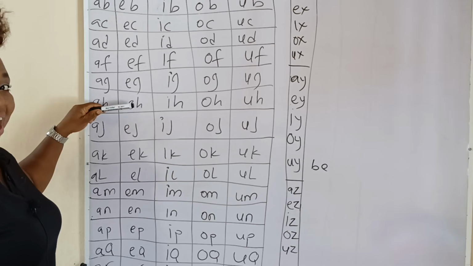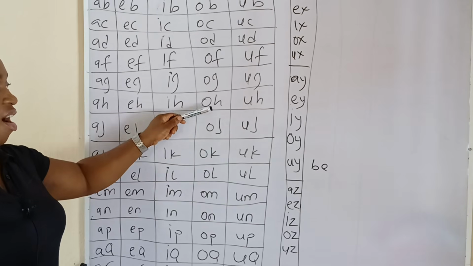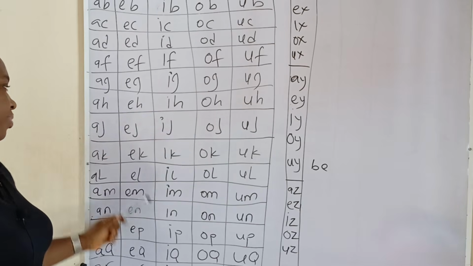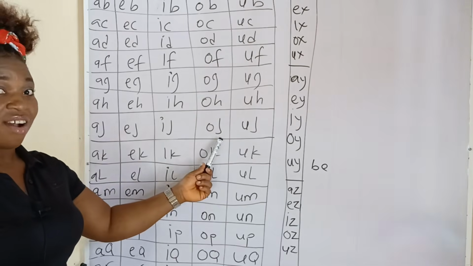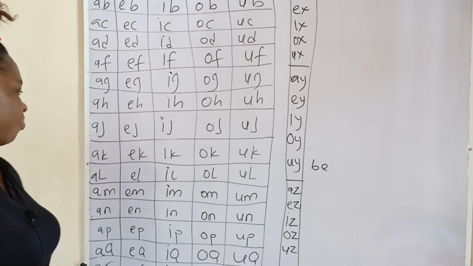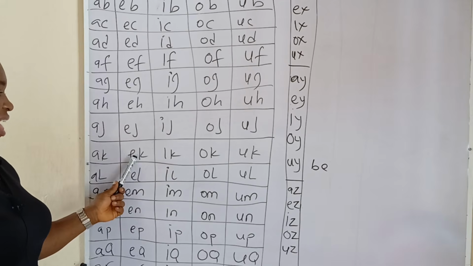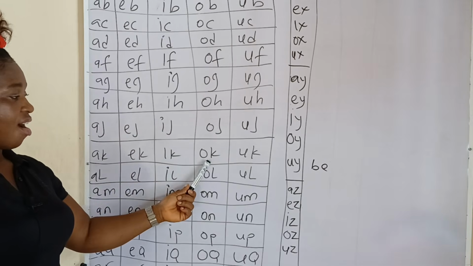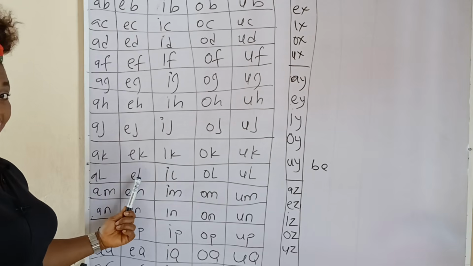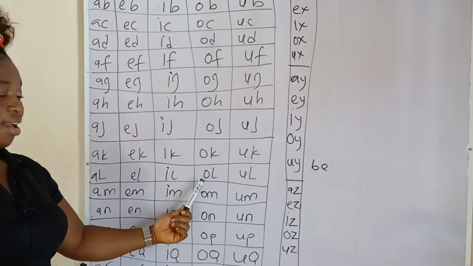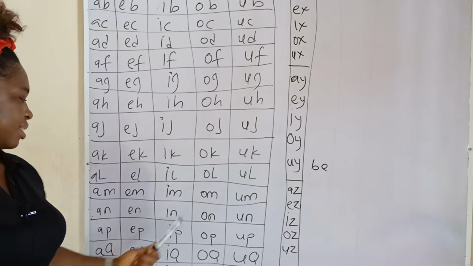Aj, ej, ij, oj, uj. Ak, ek, ik, ok, uk. Al, el, il, ol, ul.